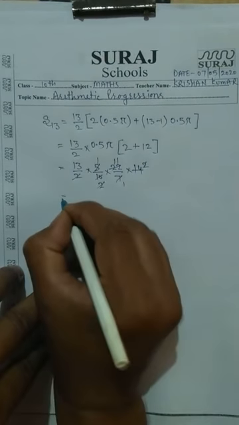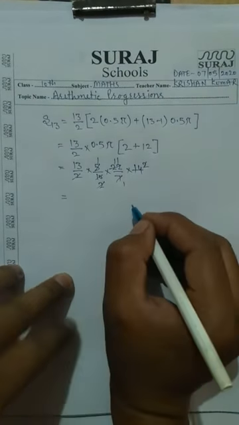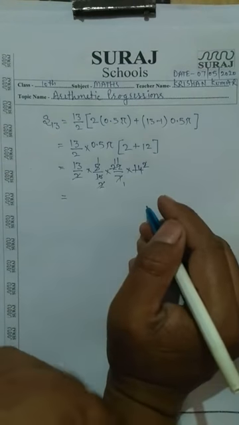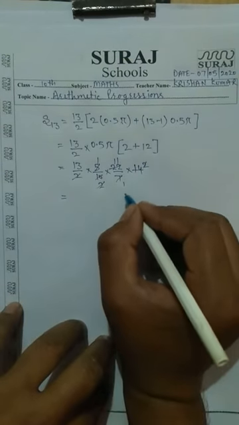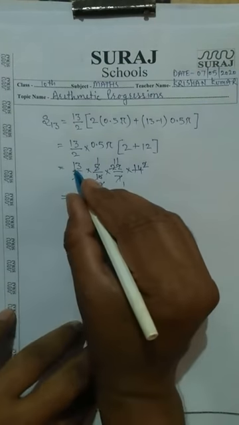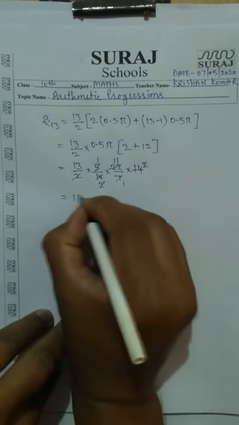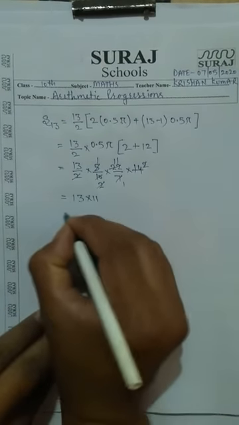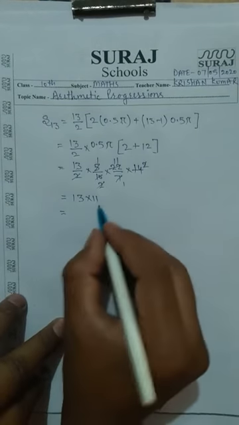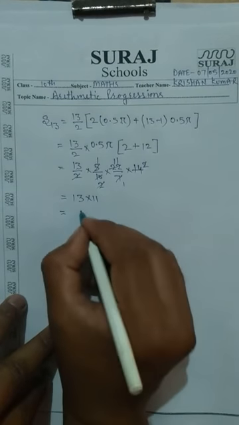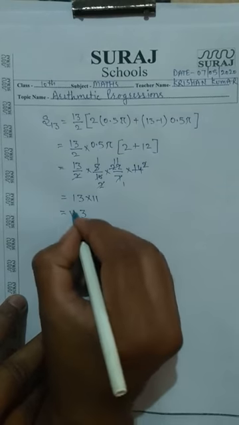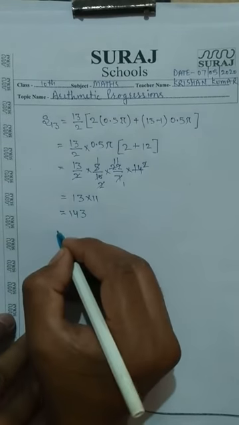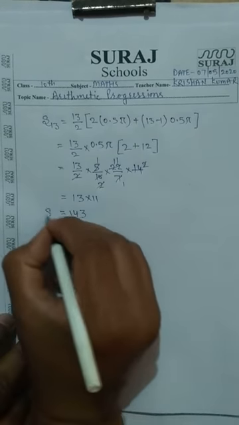So what is left here, beta? 13 and 11. We will take the product of 11 and 13, beta. 1 three is 13, 1 carry, 1 one is 1 and 1 is 2... 143. That is the answer.